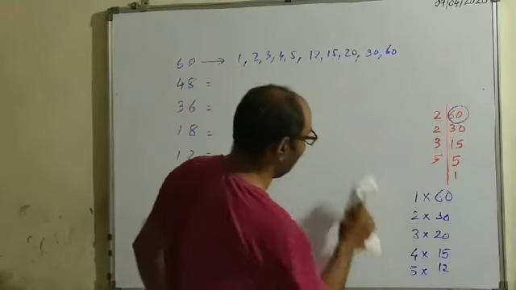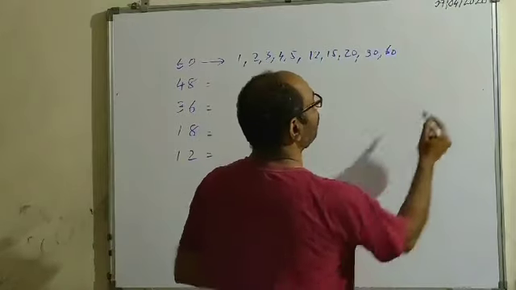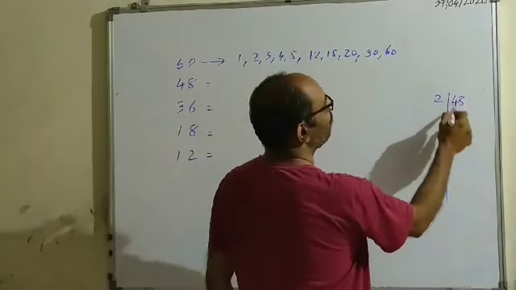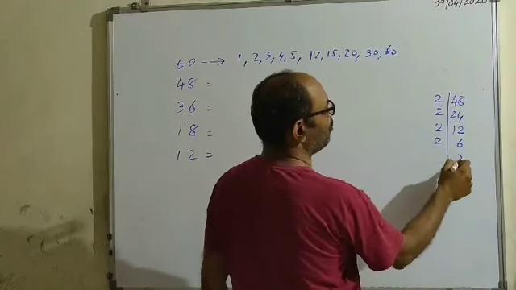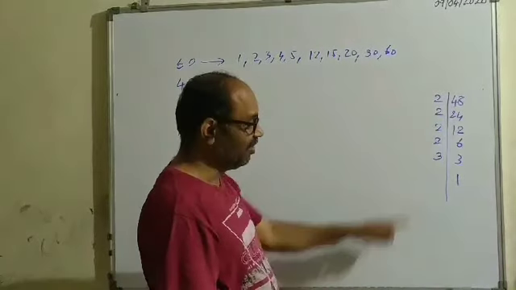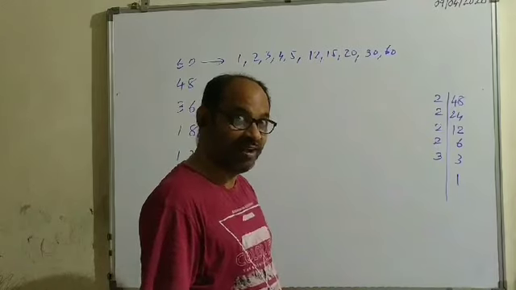Now 48. Let's see quickly. 48 is divisible by 2. 2 24s are, 2 12s are, 2 6s are, 2 3s are, and 3 1s are. You got the number of prime factors, so you will get more pairs of factors as well.